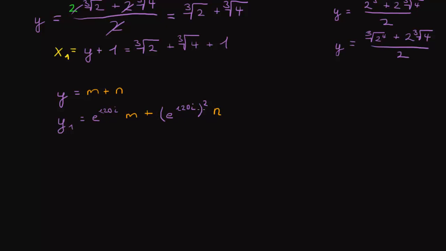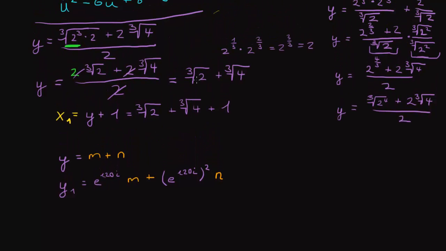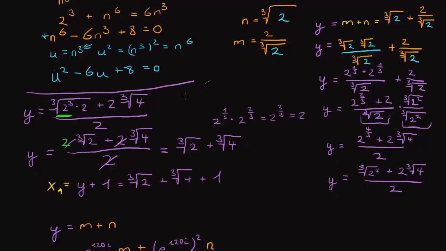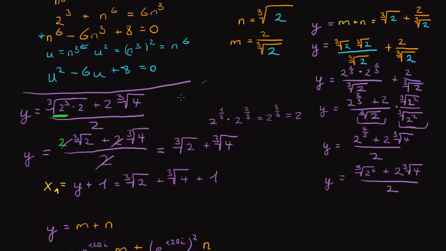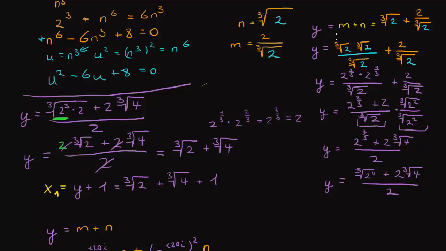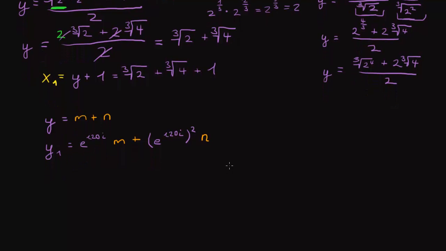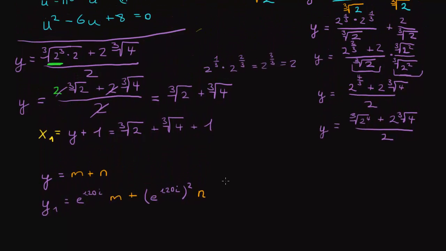So we have our y, and to calculate our x, we'd have to do the same thing all over again. We have to simplify our y and then add 1 to it. So what would we do?